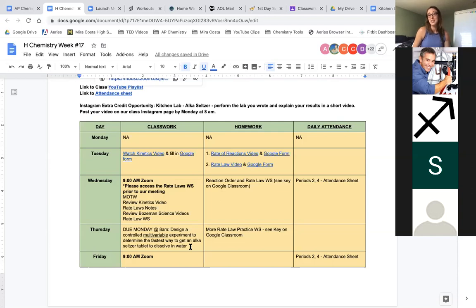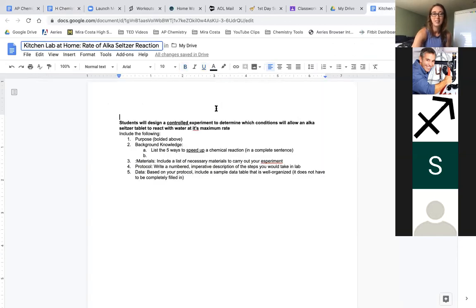And you're going to have to design your own experiment, meaning you're going to have to make a list of materials, you're going to have to write your own protocol for how you would do this. Now, everybody's going to design the experiment, and I've been working on this a little bit this morning. I'll post it up a little later today, but essentially there's going to be a Google document that I'll share on Google Classroom, and I'll make it an assignment.